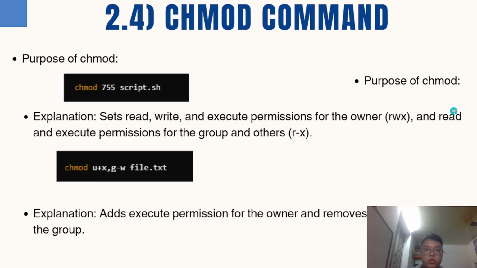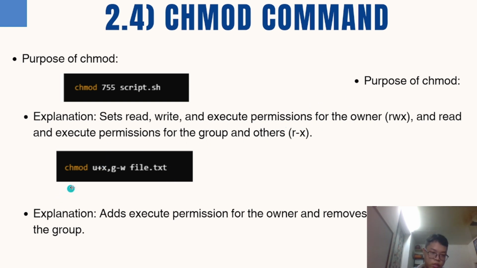And let's go to the usage. You can see chmod 755 script.sh. It means you set read, write, and execute permission for the owner, and read and execute permission for the group and others, r-x.